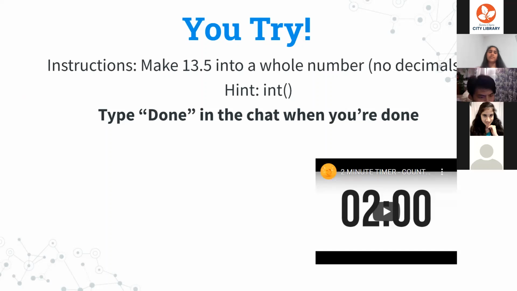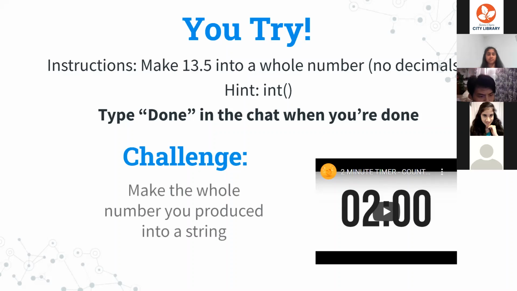Now let's do the try. Let's make the number 13.5 into a number without any decimals. The hint might be to use int. Type done in the chat when you're done.